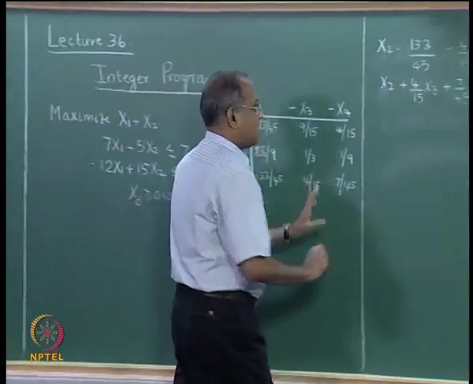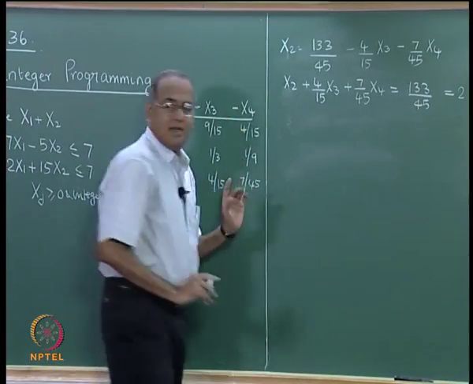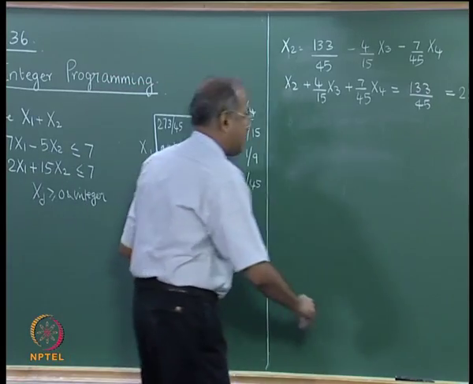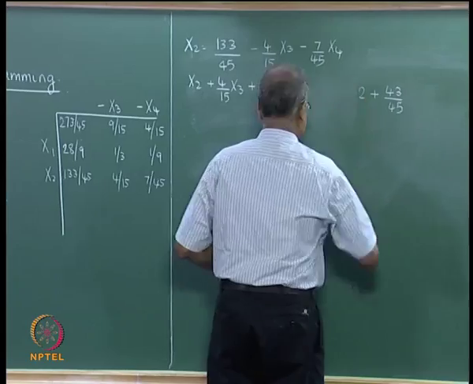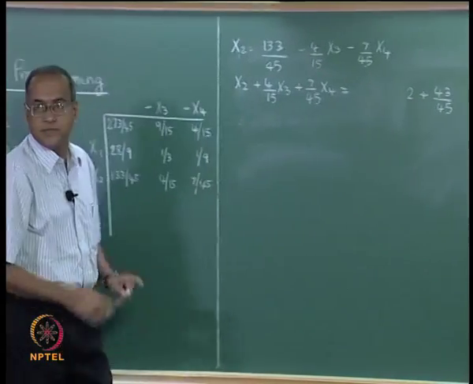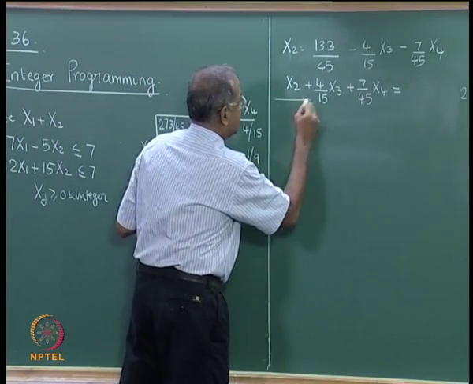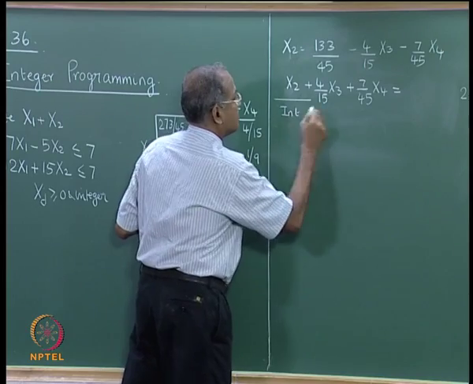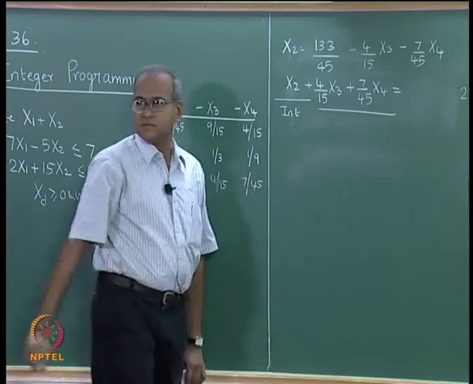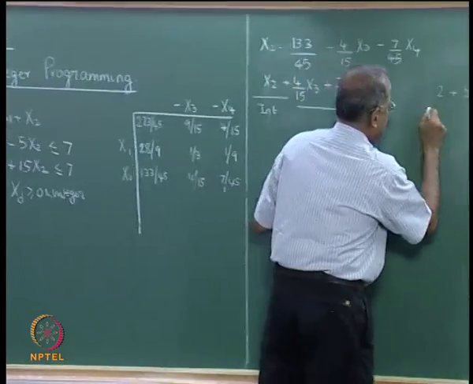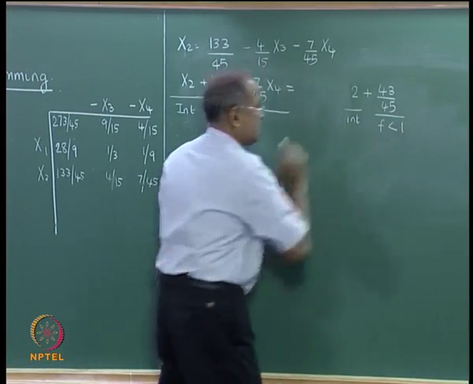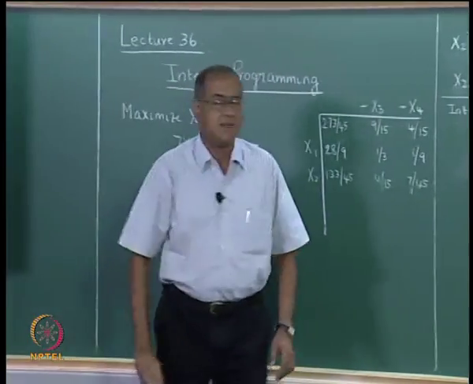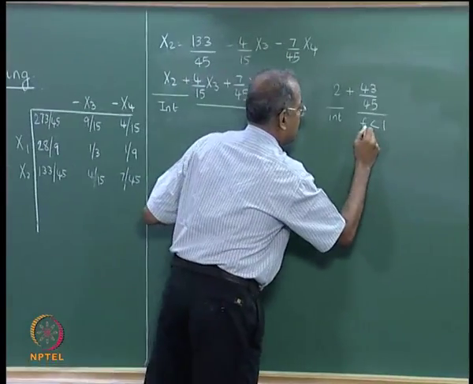So now what we do is we keep the same thing again and then we try and look at the left hand side as well as the right hand side. So this is an integer, this is non-integer, this is an integer, this is a fraction strictly less than 1.